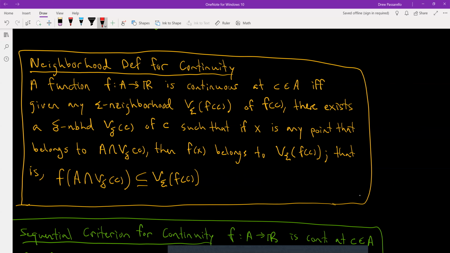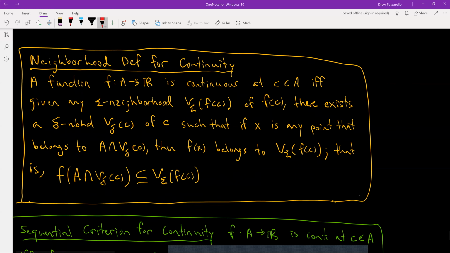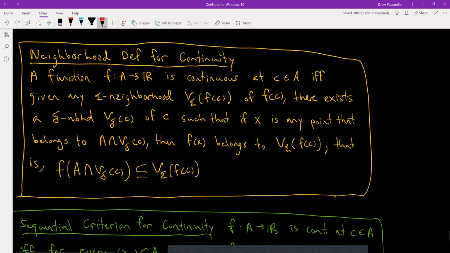That is, the image of the set A intersecting the delta neighborhood around c is entirely contained in the epsilon neighborhood around f of c. All right, so that's the neighborhood definition for continuity.